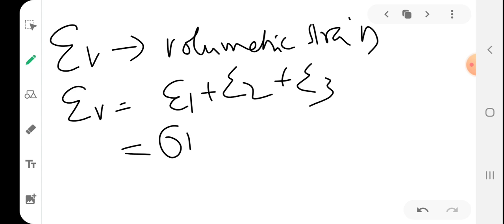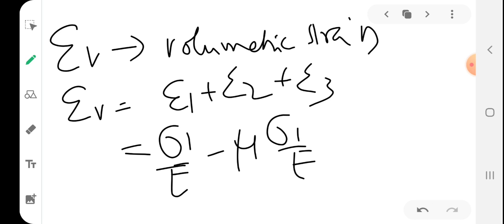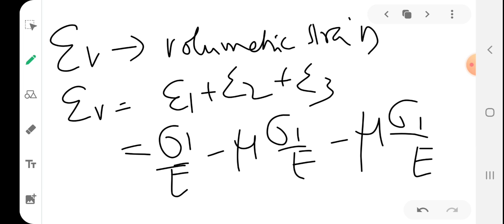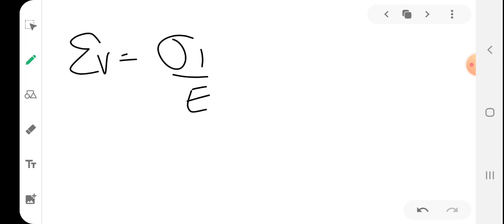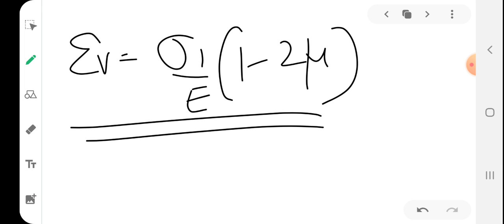Epsilon 1 is sigma 1 by E. Epsilon 2 is minus mu sigma 1 by E. Epsilon 3 is again minus mu sigma 1 by E. Right? So here sigma 1 by E can be taken as common. So this value is remaining.